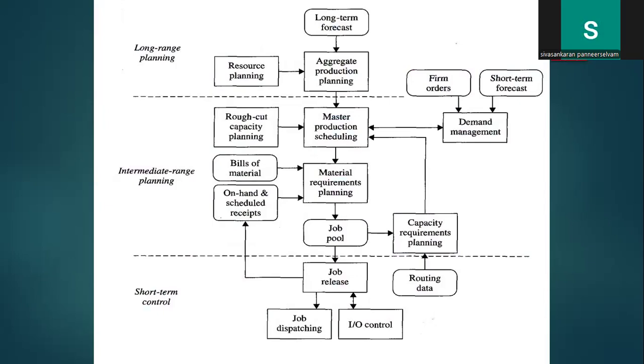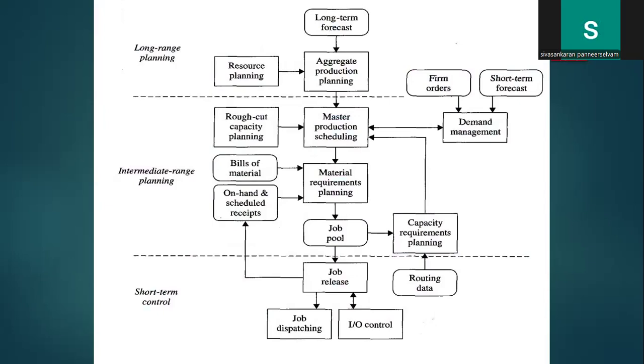Based on that, we need to propose how much material is to be planned, when that has to be planned, and at what time we need to schedule those inventory items to commence the production activity. The primary information required for master production scheduling is demand management. Based on the external demand management, we have to procure the inventory.